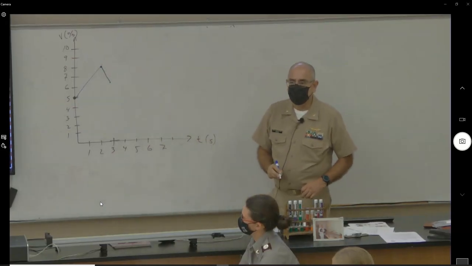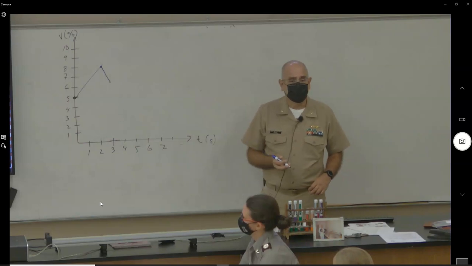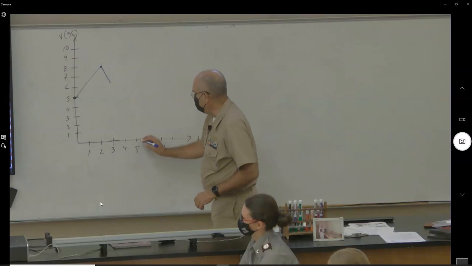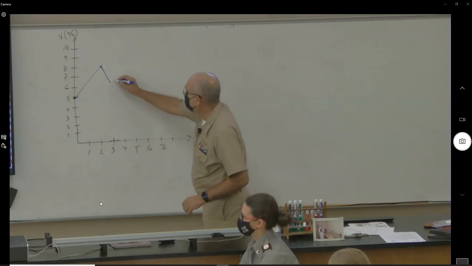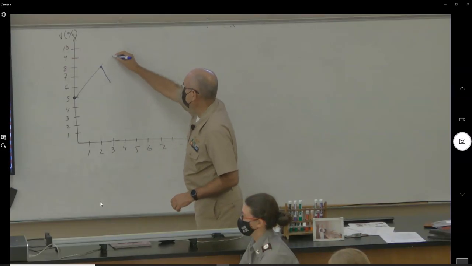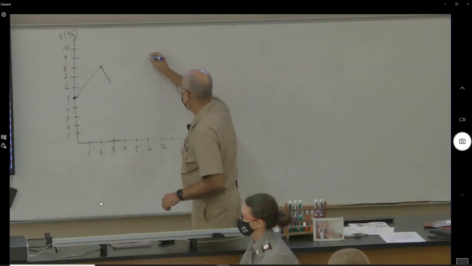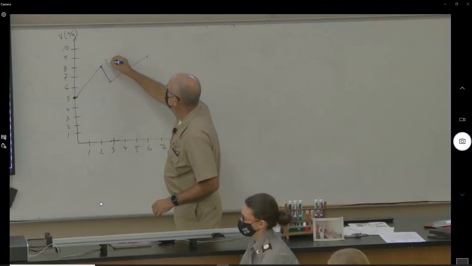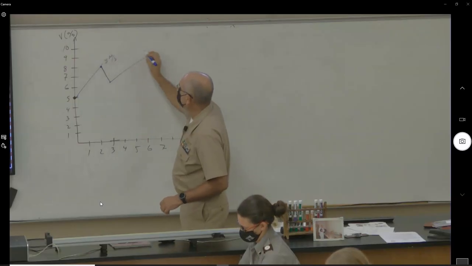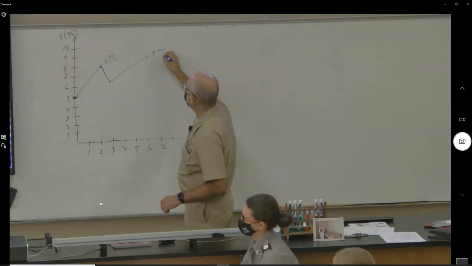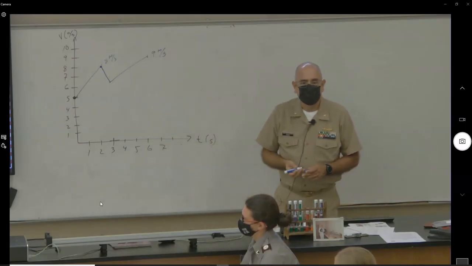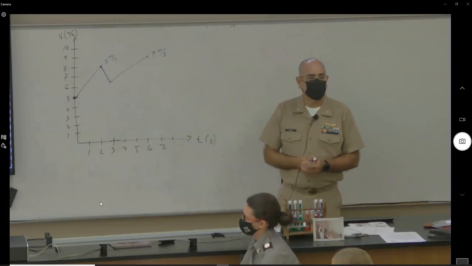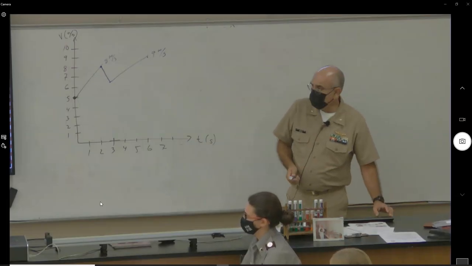And then the last one was plus 1 meter per second each second, correct? So I have to go 1, 2, 3 seconds forward, which means I have to go 1, 2, 3 meters per second up. And so that ends up here. So we end up at 8 meters per second here and 9 meters per second here. So all we have to do is use the slopes to construct our velocity graphs. Now there is another way of doing it though.